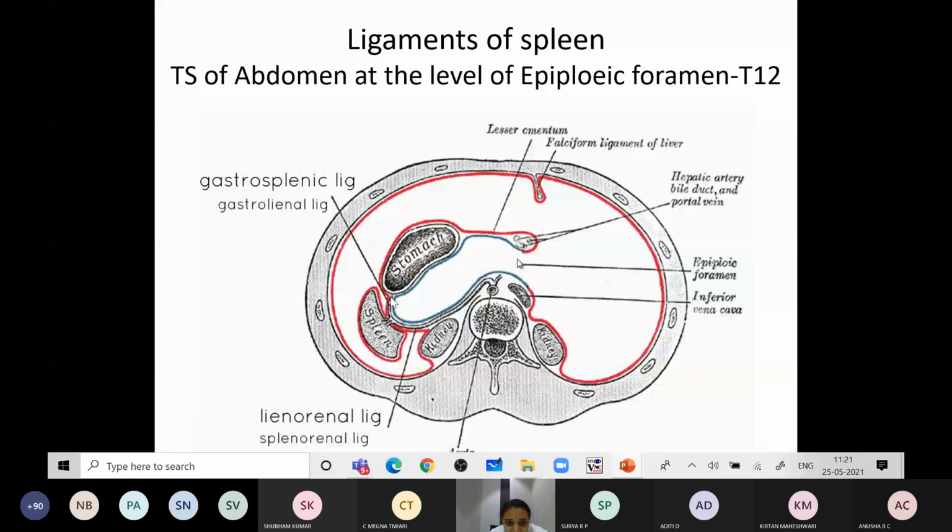The peritoneum of the greater sac forms the anterior layer of the gastrosplenic ligament. This is the peritoneum of the lesser sac, which covers the posterior surface of the stomach, forms the posterior layer of the gastrosplenic ligament, then is reflected back as the anterior layer of the lienorenal ligament.